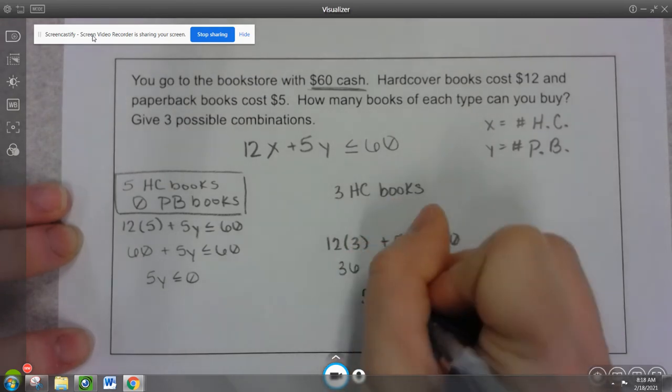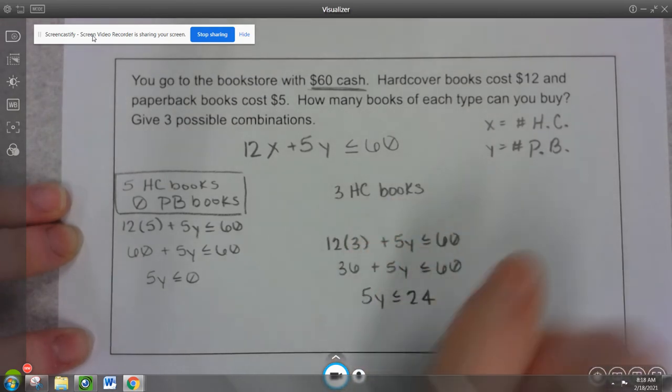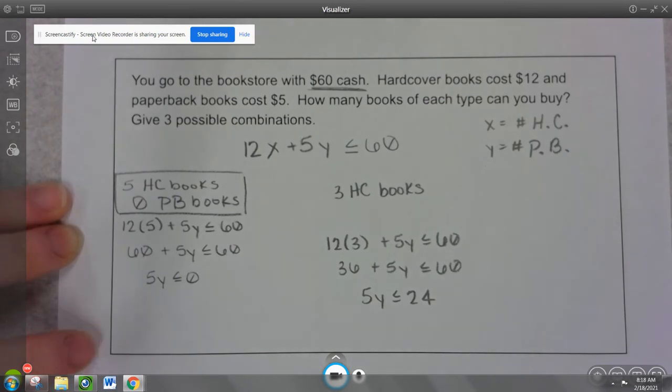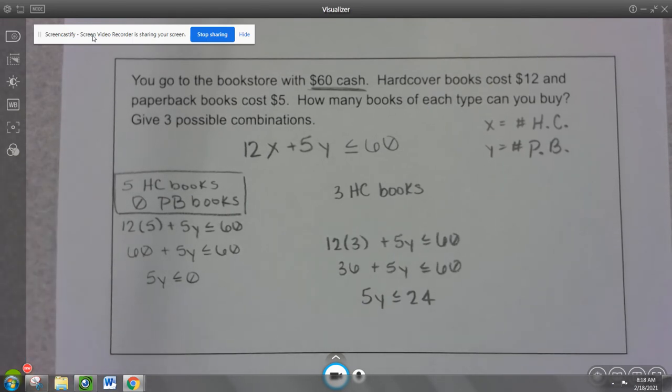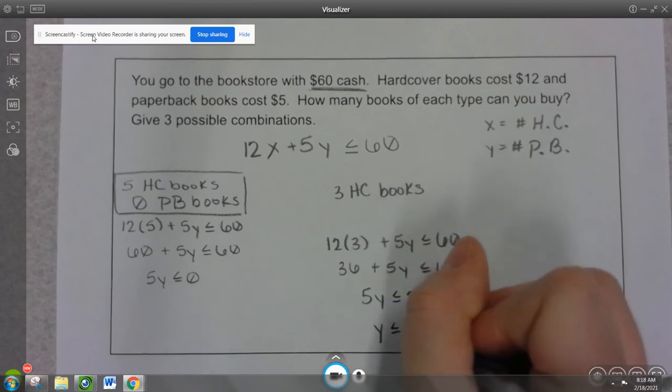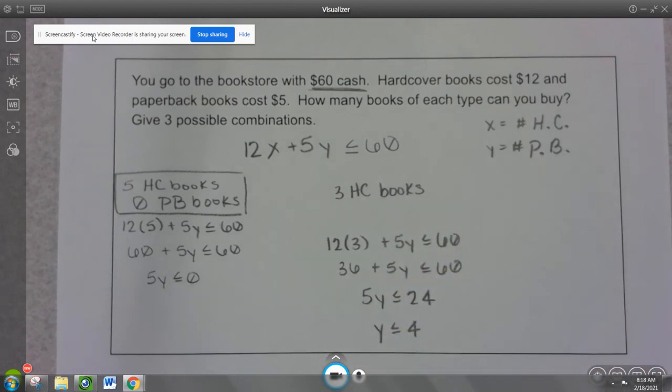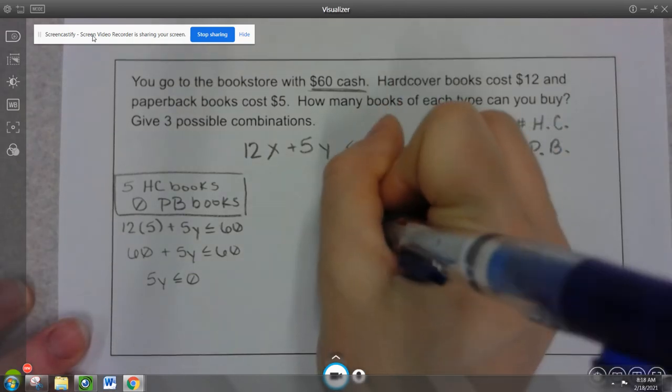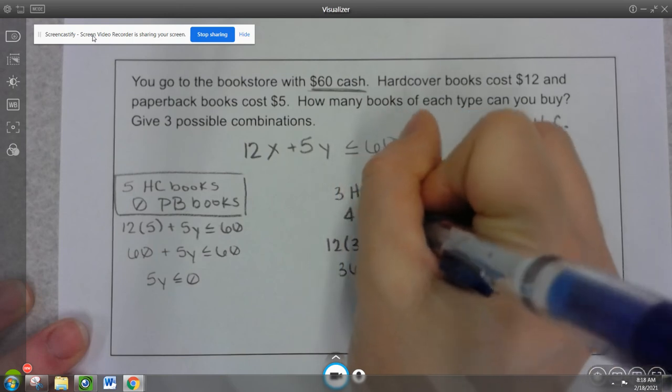So that tells me 5y is less than or equal to 24, which does not give me a whole number of paperback books. I realize that this is a decimal, but I cannot buy a decimal of a book. So y has to be less than or equal to 4 in this case. I could not buy more than 4 paperback books if I buy 3 hardcover books.